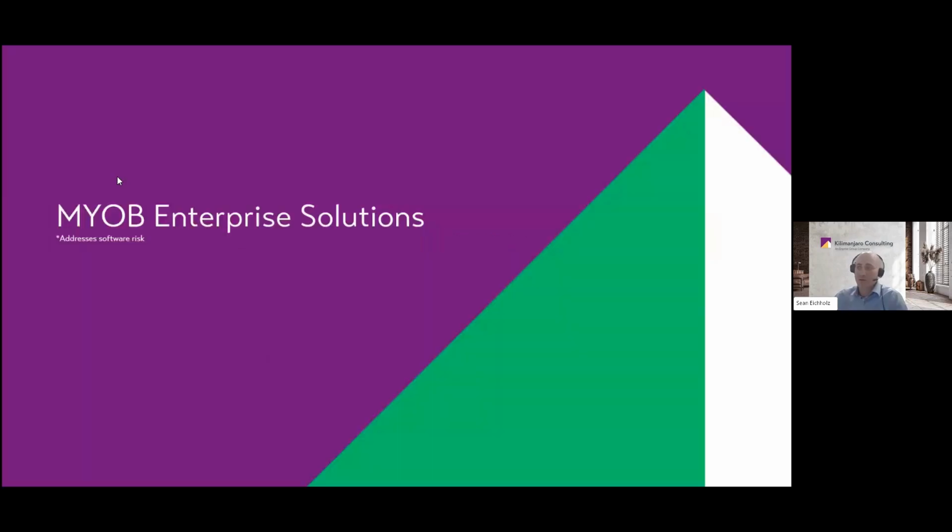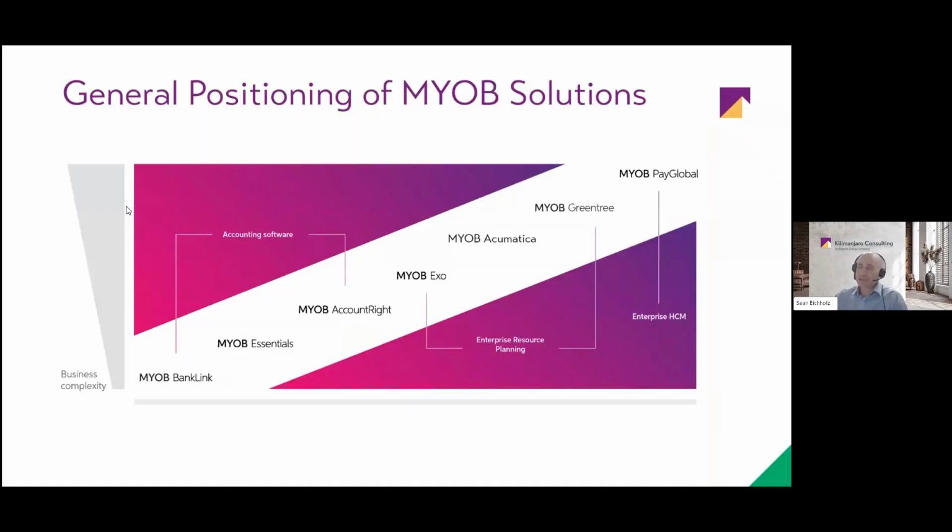I'm going to start off with just addressing the software risk. As I mentioned, what we're looking at today is an MYOB product. MYOB's actually got three main divisions within their organization. Two of their main divisions are shown here. I'm not actually showing the accountants division, the practice software that the accountants use.